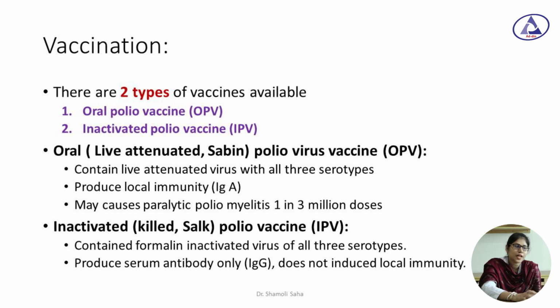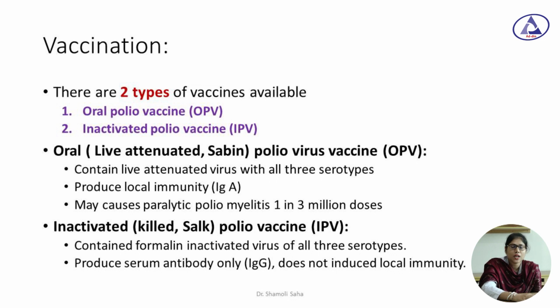Vaccination: there are 2 types of vaccine available for poliovirus infection, oral polio vaccine and inactivated polio vaccine. Oral polio vaccine is a live attenuated vaccine containing all 3 serotypes.